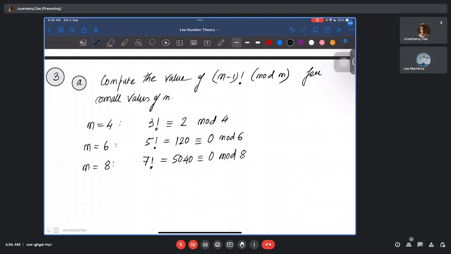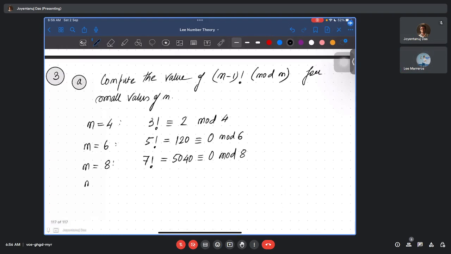Okay. So let us see one more, then we'll get an idea. So suppose it is 9. Then 8 factorial is, I think, anyway, I have to only compute modulo 9.